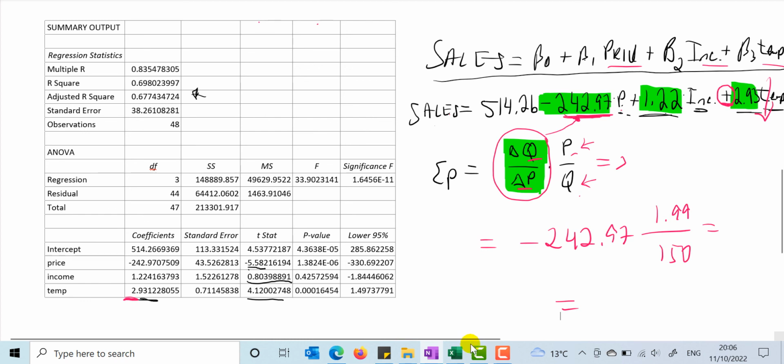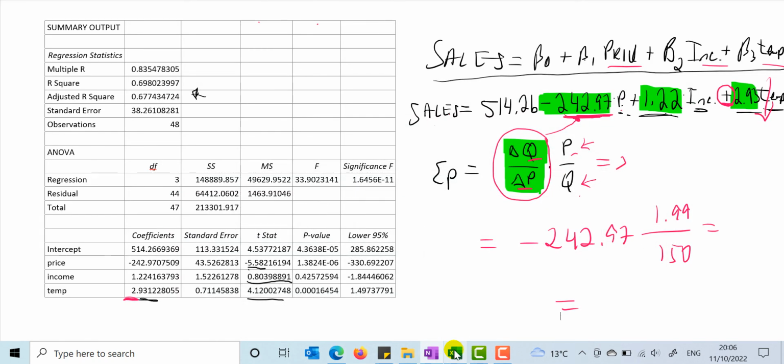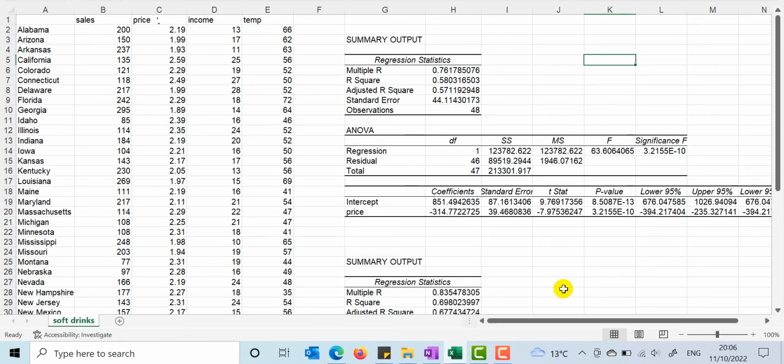Right, so we need to calculate that now: 242.97 multiplied by 1.99 and divided by 150.